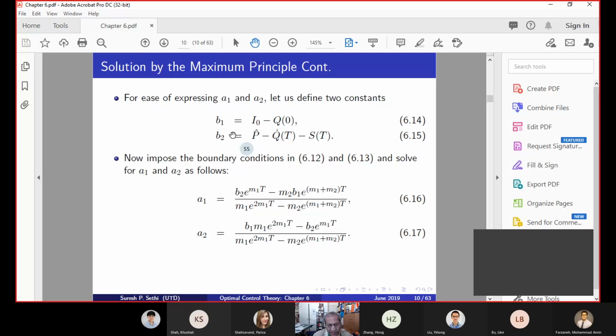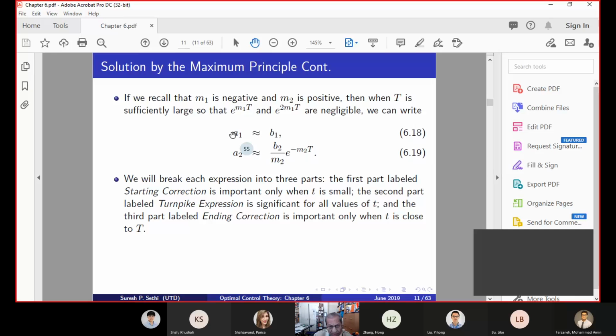So here's the next part of it. We're trying to find out some sort of equilibrium. We try to find out if T is very large, would there be some sort of a stationary equilibrium in this particular problem? And in economics, such a solution is called a turnpike.